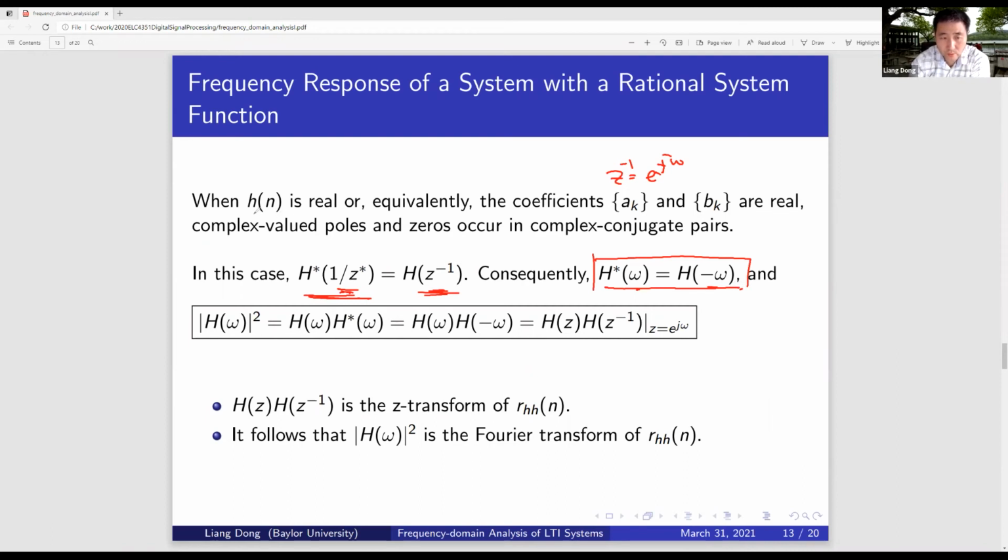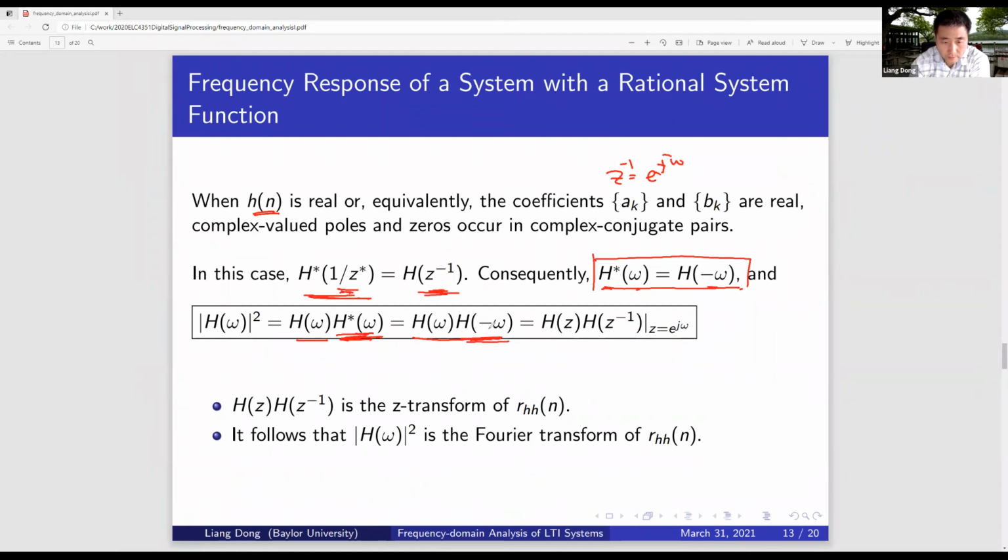If h[n] is real, then H(omega) has its real part even symmetric and its imaginary part odd symmetric. So this entire thing, we call conjugate symmetric. And then the absolute value of H squared is equal to H times H conjugate. And we also know this term is equal to H(negative omega), so I can write it in this format.